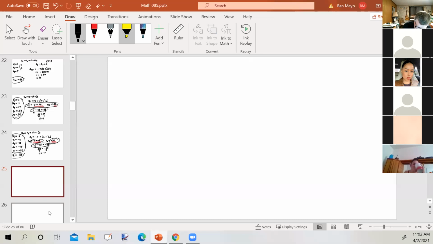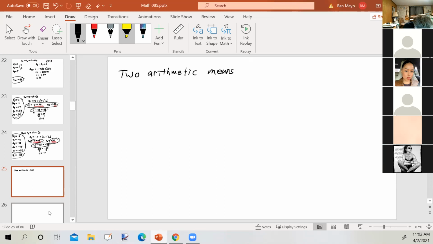It says 2 arithmetic means between 2 and 11. So my first term is 2, my last term is 11, but in between 2 and 11, there are 2 other numbers, and the numbers are evenly spaced.